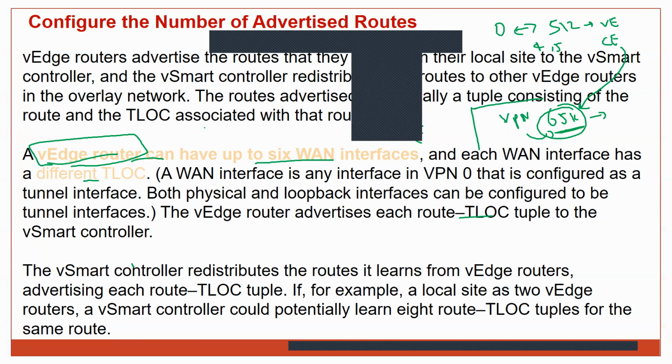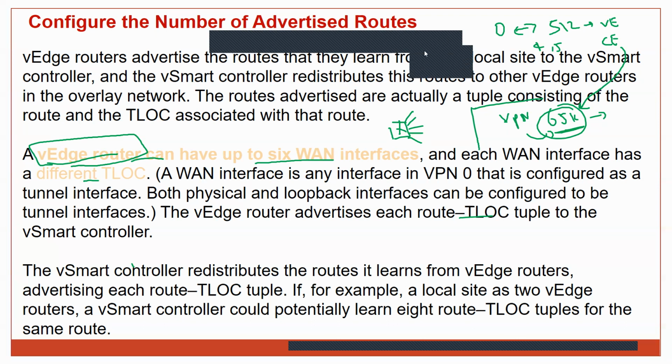This point says that a vEdge router can have up to 6 WAN interfaces. These are the physical interfaces, but we can have other virtual interfaces as well, like sub interfaces, where we can also create more TLOCs.